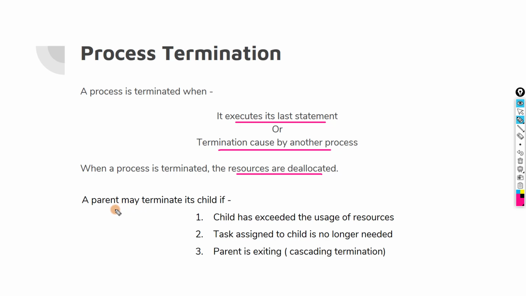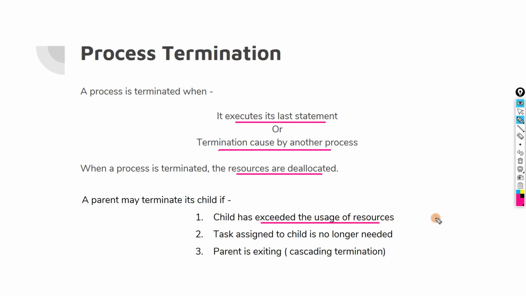Let us now think about the parent process. A parent may terminate its child. We are talking about how a process forcefully or normally terminates its child. One scenario is if the child has exceeded its usage of resources.